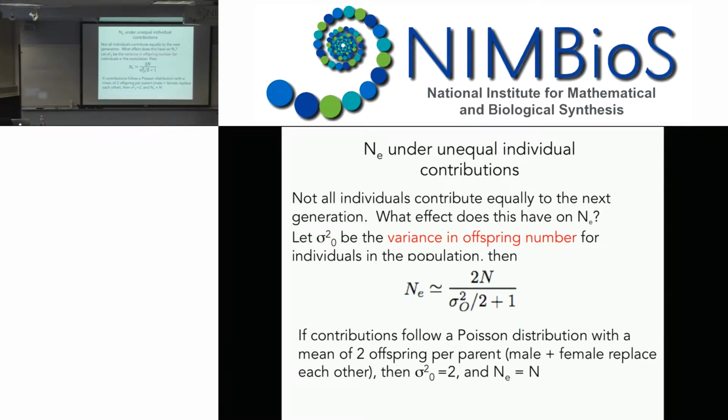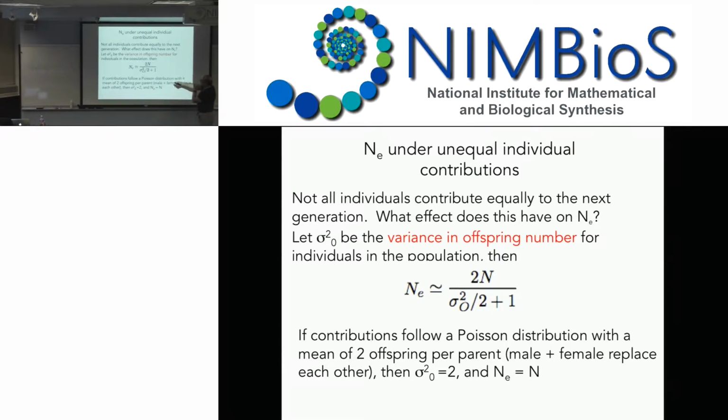The third thing is unequal contributions. On average, the variance in offspring number is given by sigma squared times m. If offspring are random, it's a Poisson, meaning equal chance, and the mean of the Poisson, since I've got 2 offspring, is 2. If I plug in 2 divided by 2, I basically recover n.